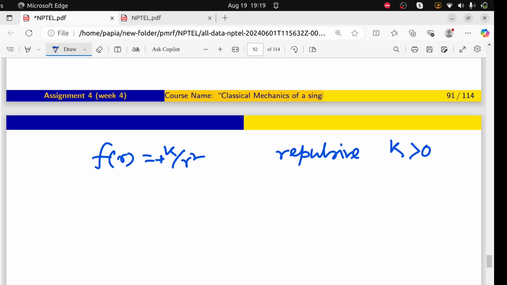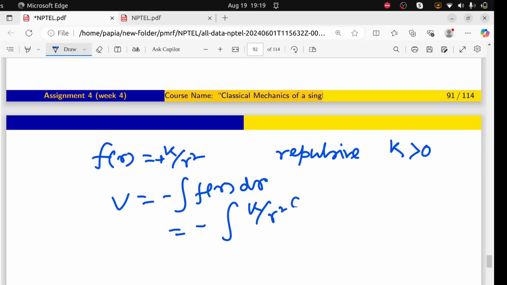Here our V will be minus the integral of F dr, so k by r square dr. There will be a minus sign, so it will be simply k by r.